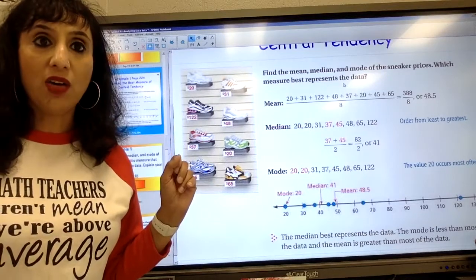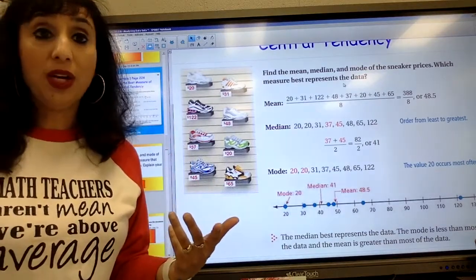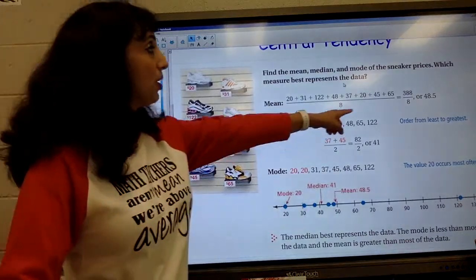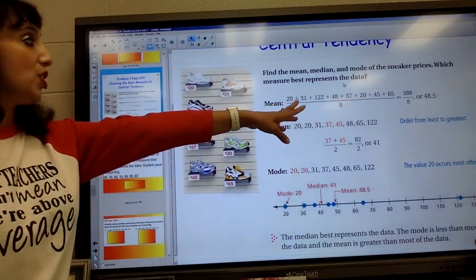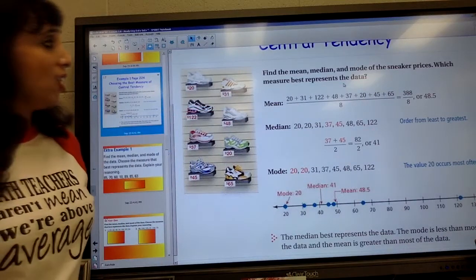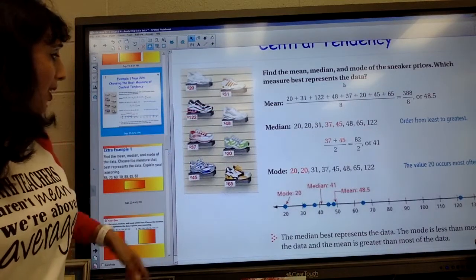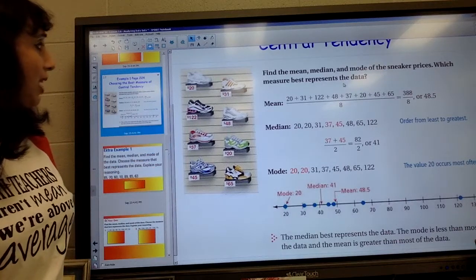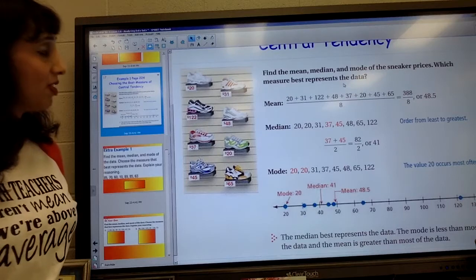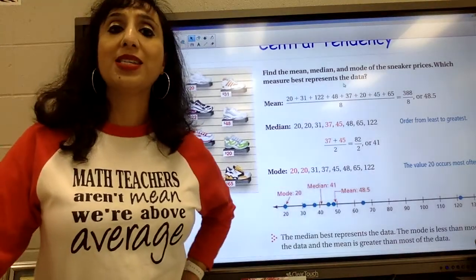And because there is an outlier, average would not be a good thing because if I took the average, which is the mean, look, is being calculated, it is showing that the average price of a sneaker would be $48.50. But there are a lot of them which are much below that, like 20, there are two 20s, there's a 31, there's a 45, there's a 37. So it's actually raising the price.